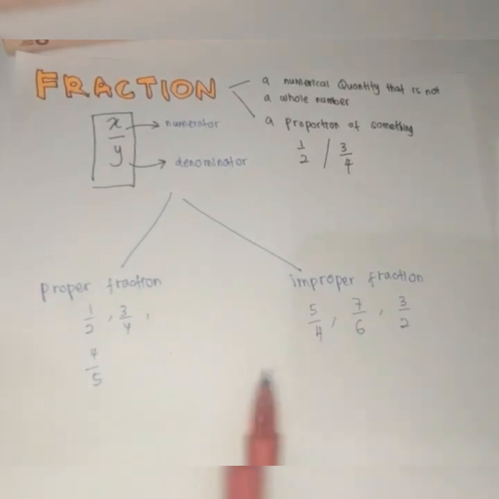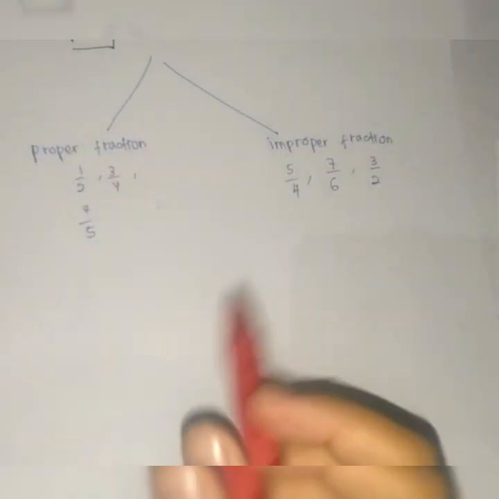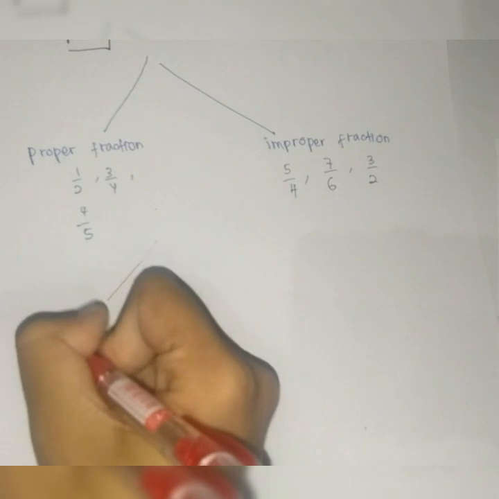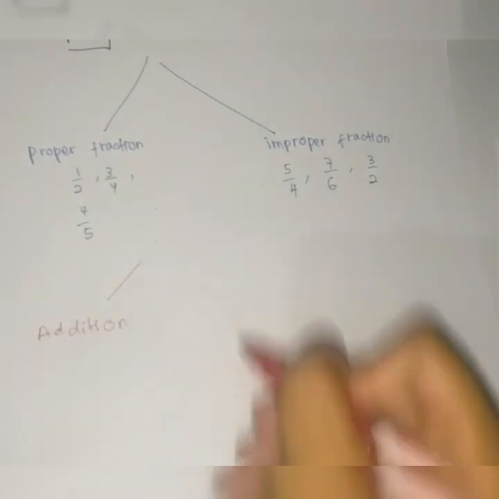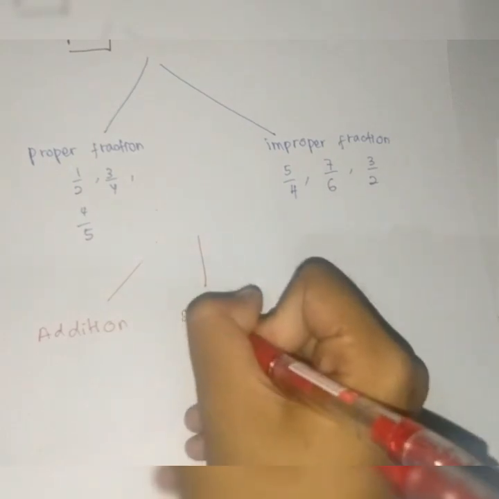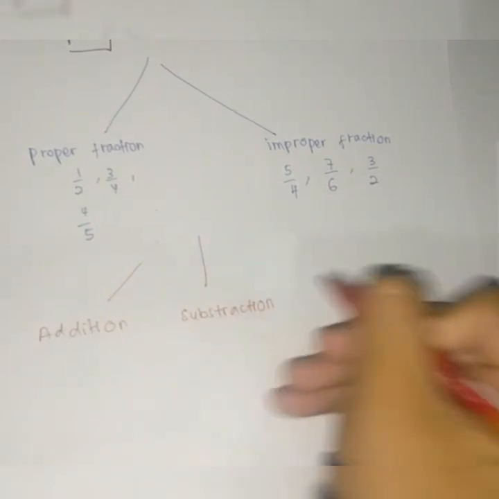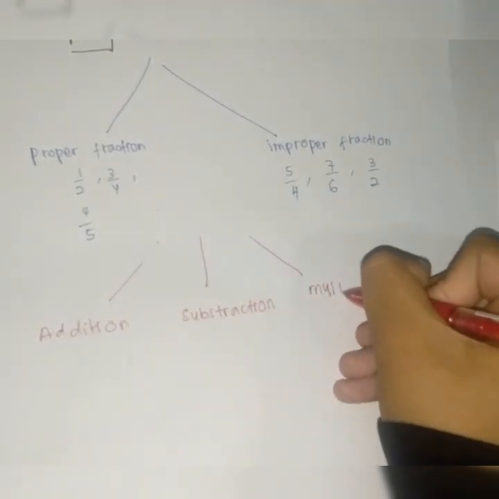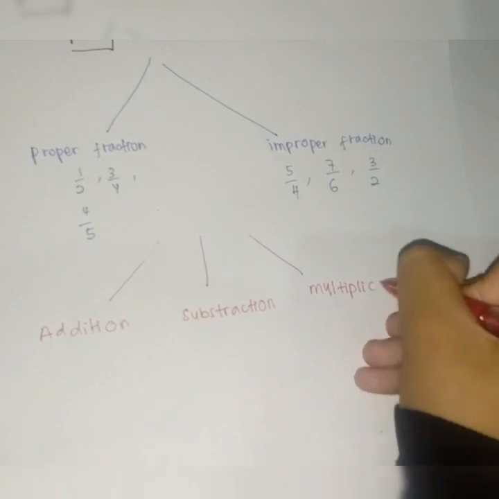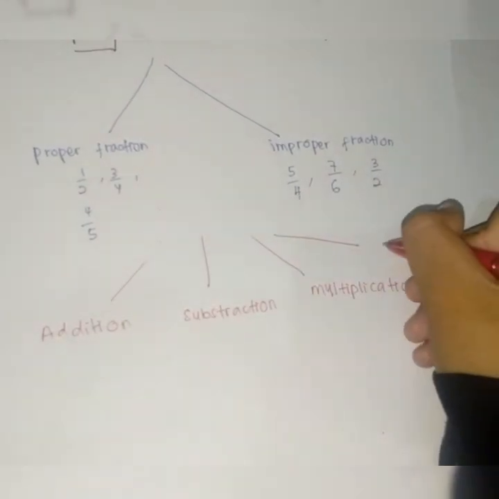Also, in fraction, we have 4 operations involved. The first one is addition. The second one is subtraction. The third one is multiplication. And the fourth one is division.